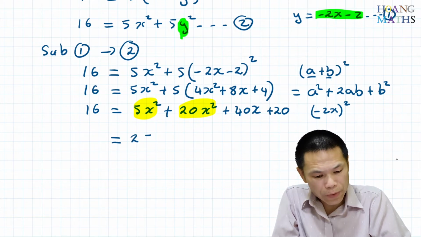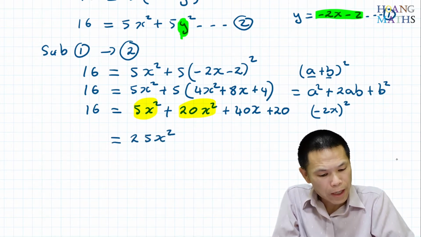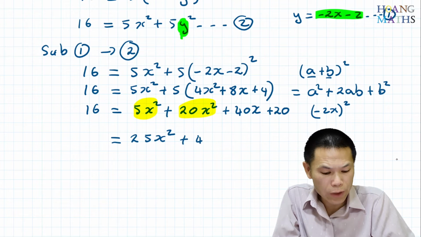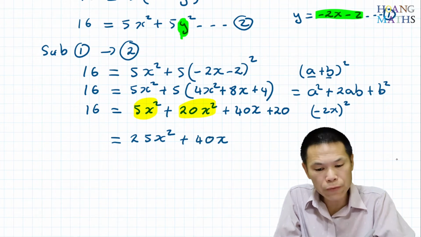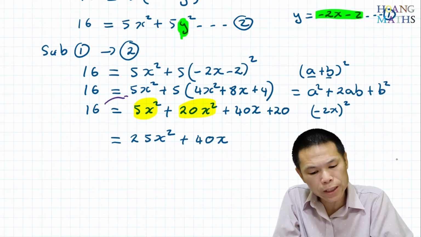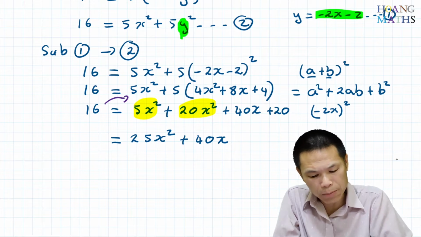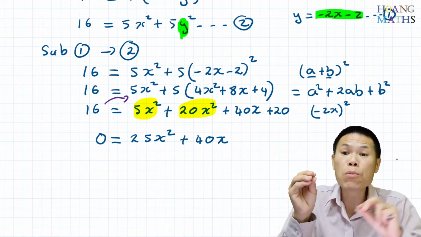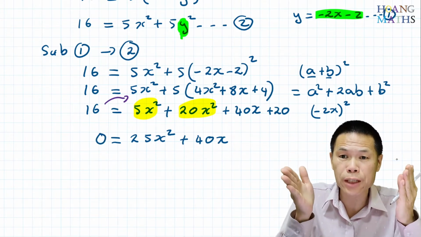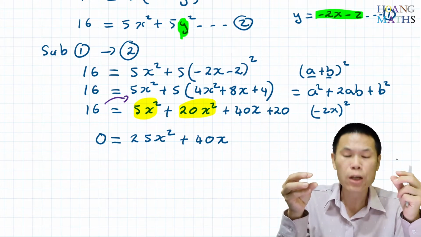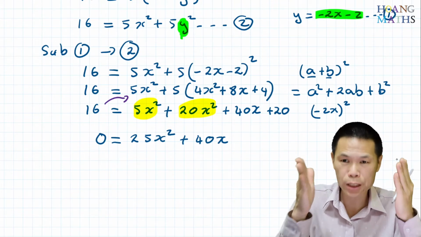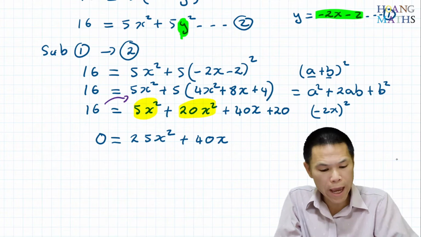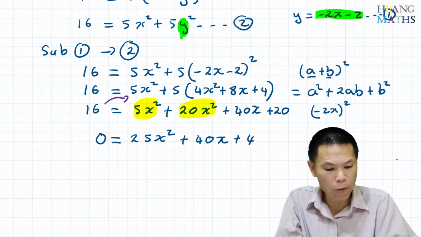So 25x squared. And then the 40x, I just write this down. And then don't forget, we need to move the 16 to that side. So this becomes 0. So 16 moved to the other side becomes negative 16, or minus 16 if you like. So 20 minus 16 is 4. So therefore, we add 4.